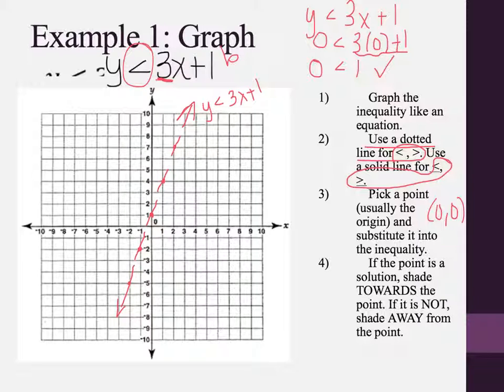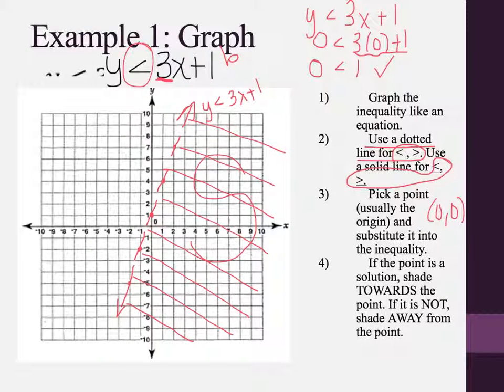So since 0, 0 is in the solution set, I'm going to shade towards 0, 0. And notice I'm just taking my pen and I'm drawing lines to show that I'm shading. And maybe I'll even label this with an S to show that it's the solution set, which is something that you should do on your notes. And that's it.